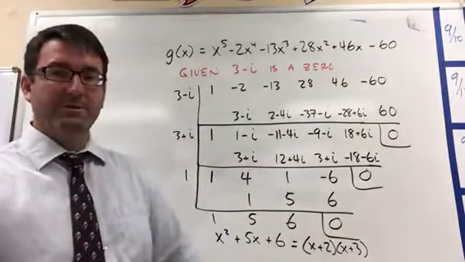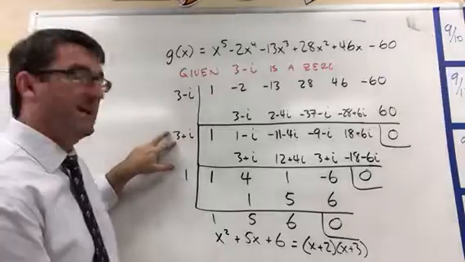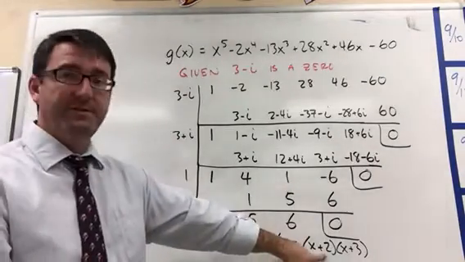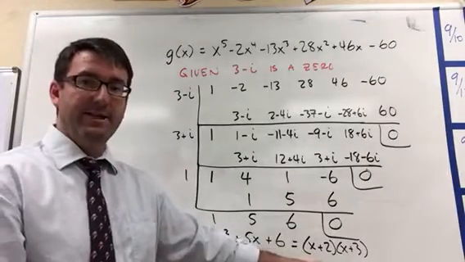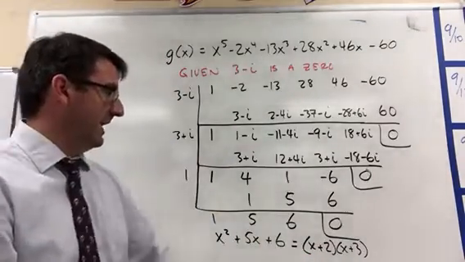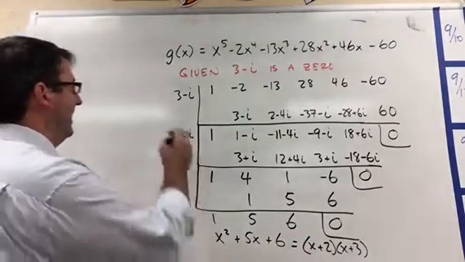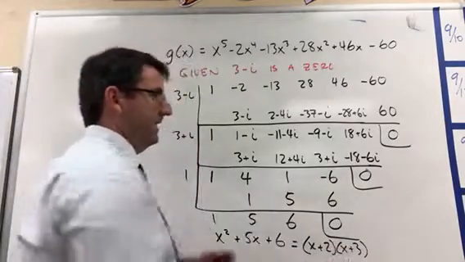So our zeros of this function are going to be 3 minus i, 3 plus i, 1, negative 2, because if x plus 2 is a factor, then negative 2 is going to be our 0, and negative 3. So the zeros of this function are 3 minus i, 3 plus i, 1, negative 2, and negative 3.